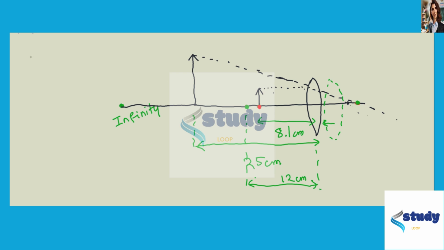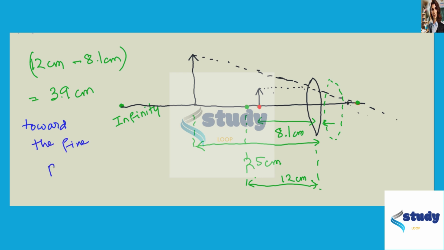That's 12 centimeters minus 8.1 centimeters, which equals 3.9 centimeters. By this explanation we can say that it's moving toward the fine print. Thank you.